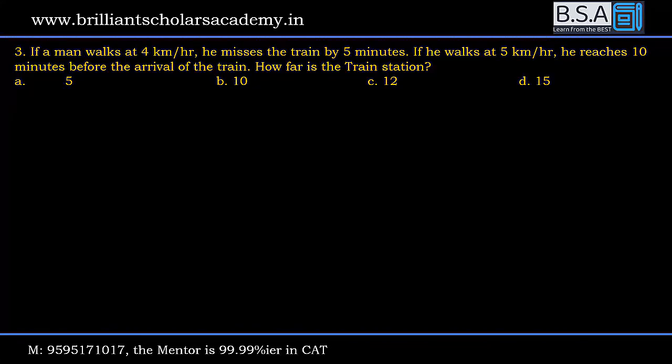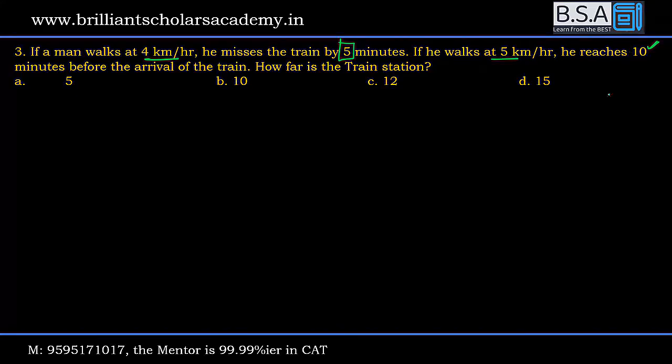A man walks at 4 kmph. He misses the train by 5 minutes. If he walks at 5 kmph, he reaches 10 minutes before the arrival time. How far is the train station? So see, it is a comparison being given to you. When he travels slow, he is late. He misses the train. When he travels fast, he is early.